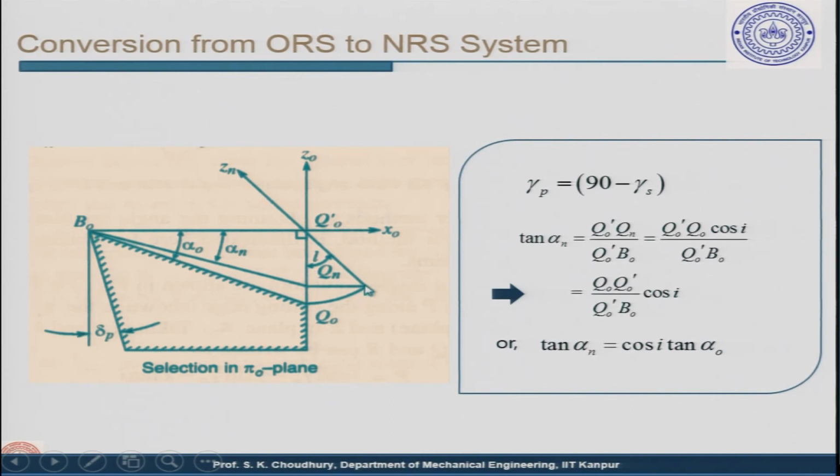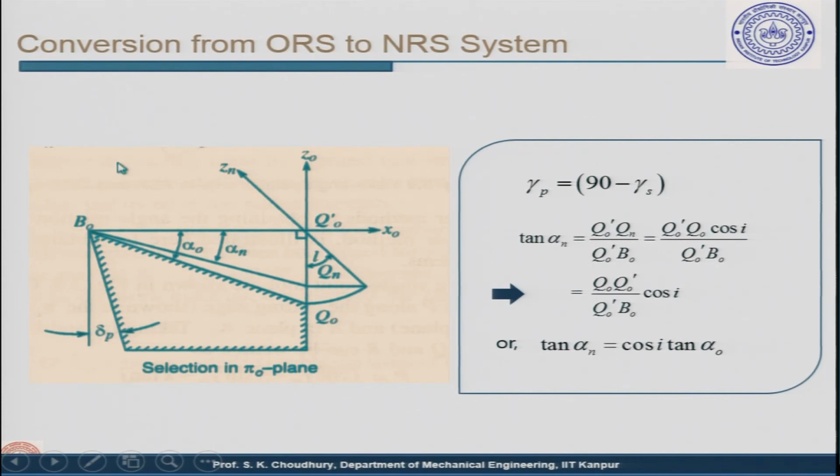Then, if this point is projected to the orthogonal rake axis, that is the Z0, and we connect the orthogonal rake point here with this point, then this tool will be considered the tool in the normal rake system, and this angle will be the normal rake angle, because this face will be the rake face in the normal rake system.